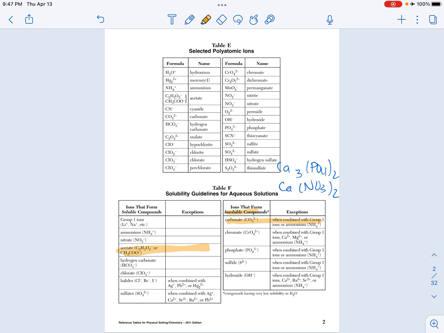Then we have phosphate. Phosphate is insoluble except with group 1. Is calcium in group 1? No, it's not, which makes it insoluble. Finally, nitrate is soluble, no exceptions. So that's not what we want. So our answer would be the calcium phosphate.